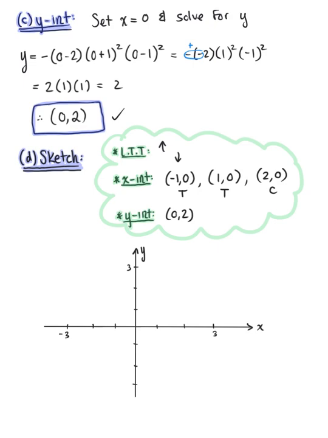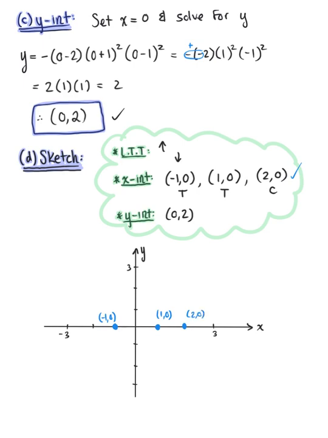So the first thing I'm going to do here is plot the zeros, plot those x-intercepts. So we have an x-intercept at -1, 0. We have another x-intercept at 1, 0. And last but not least, we have a third x-intercept at the ordered pair 2, 0.